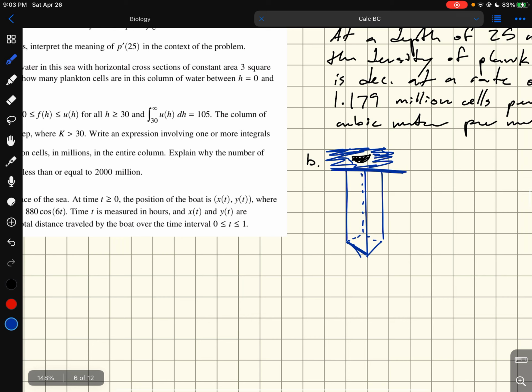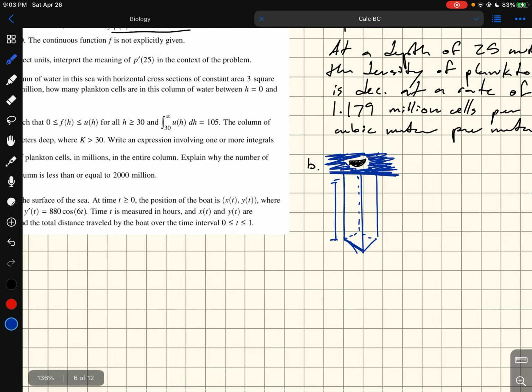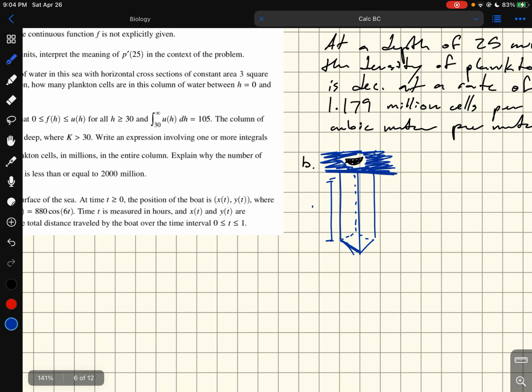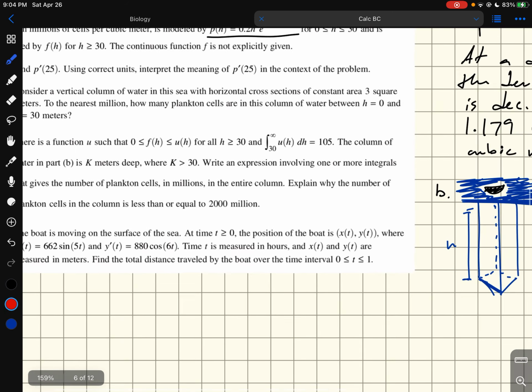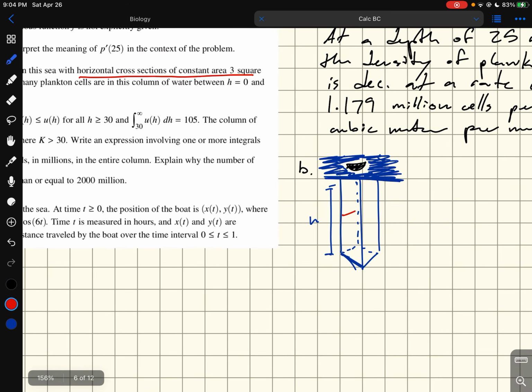So this is us on top of the sea, and this is how deep we're going to investigate plankton. So this is H, and it's split into horizontal cross sections of constant 3 square meters. A slice of this has an area of 3 meters squared.